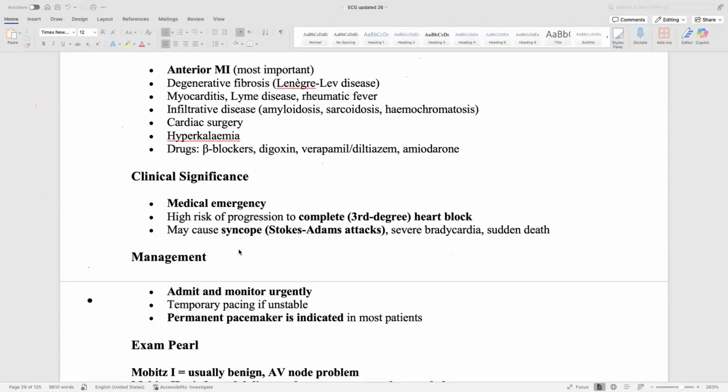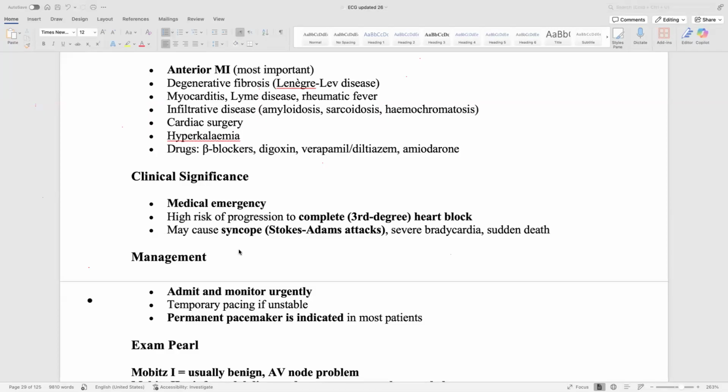Why is complete heart block serious? Even the second degree Mobitz type 2 is serious because it will transform into complete. Why is complete serious, even if the patient is stable? It can lead to sudden death. It can lead to asystole, because there is a block.